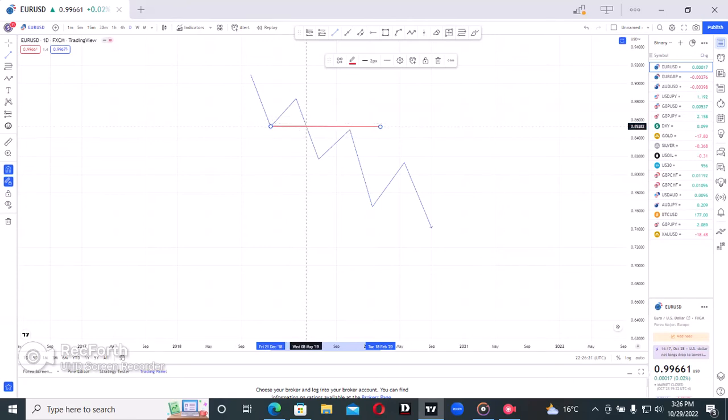And once we break this horizontal line here, that's where we expect this market to give us a resistance area, if it comes around or near this level and turns in the down direction. As you can see, this market continues to move down, which means that this is now our resistance area.